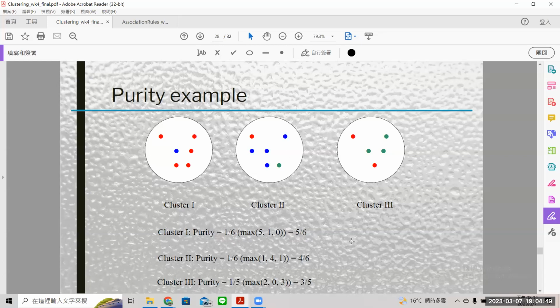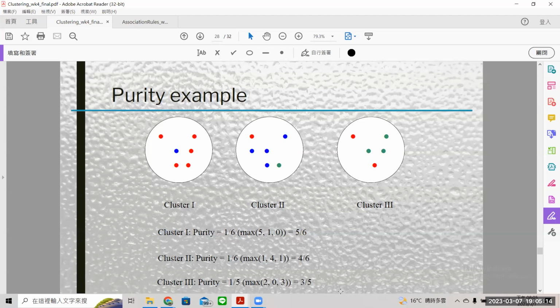The second one you can compute the same way. If you want to compute the cluster 2 purity, for example the blue one, this is red, this is blue, this is green, you can use the formula to compute the purity.